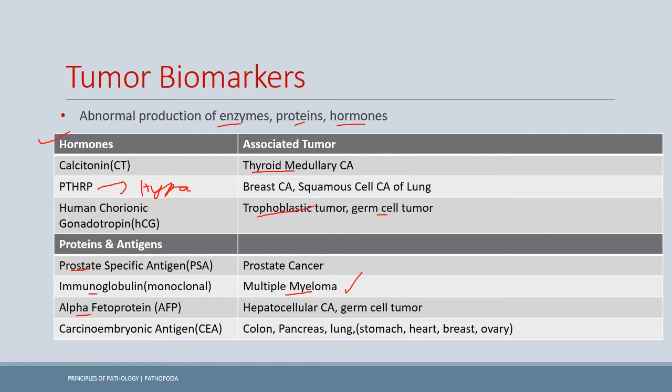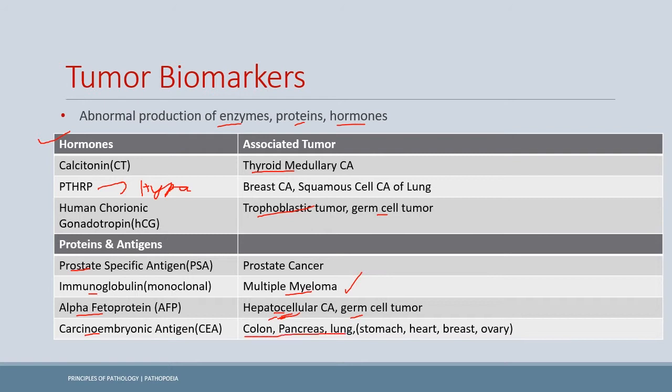Now, alpha-fetoprotein you can detect in the hepatocellular carcinoma and germ cell tumor. The hepatocellular carcinoma is not a very important one, particularly low yield over here, but I have included it. The carcinoembryonic antigen, yes, it is important for the colon, pancreas, and lung.